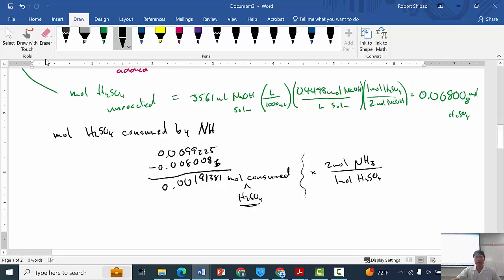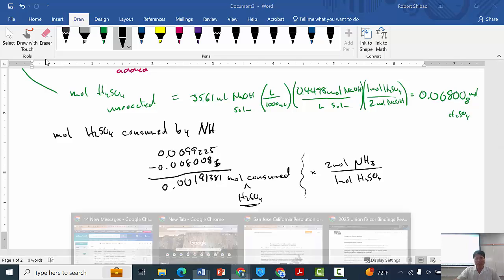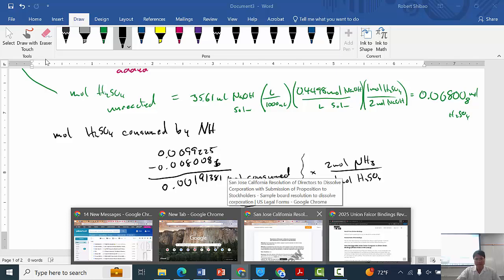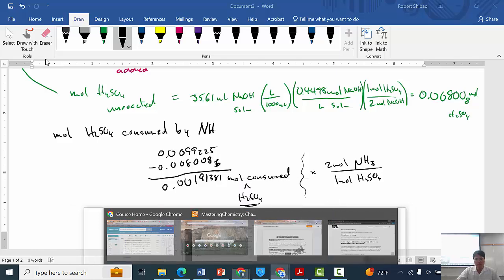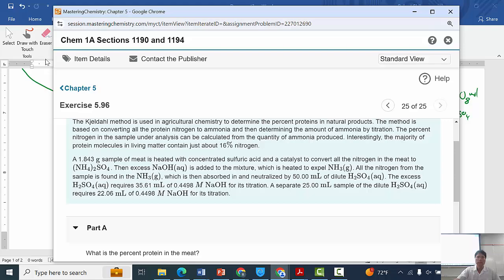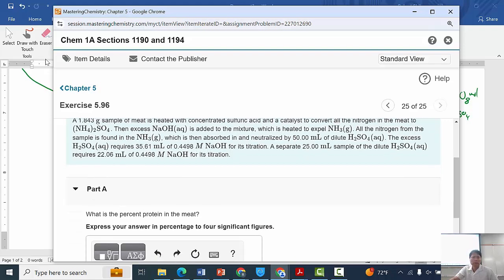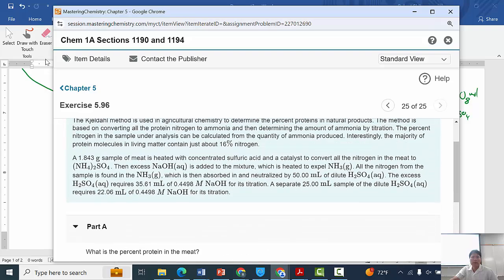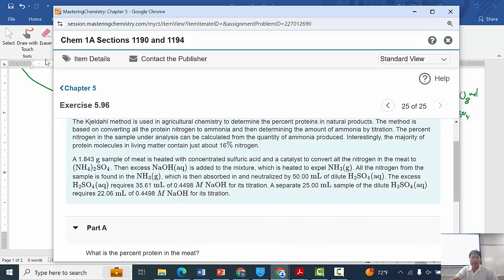Reacted with the ammonia. And so what am I trying to calculate? Let's see what I'm trying to calculate here. What is the percent protein in the meat?